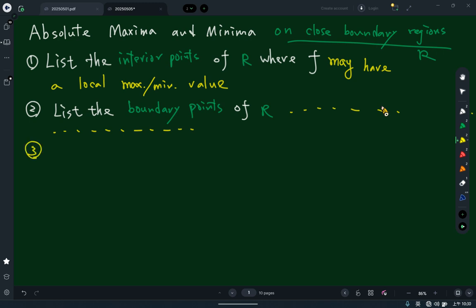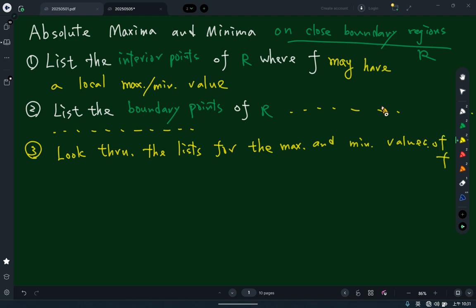Then the last part is we need to look through the list for the maximum and the minimum value of f.